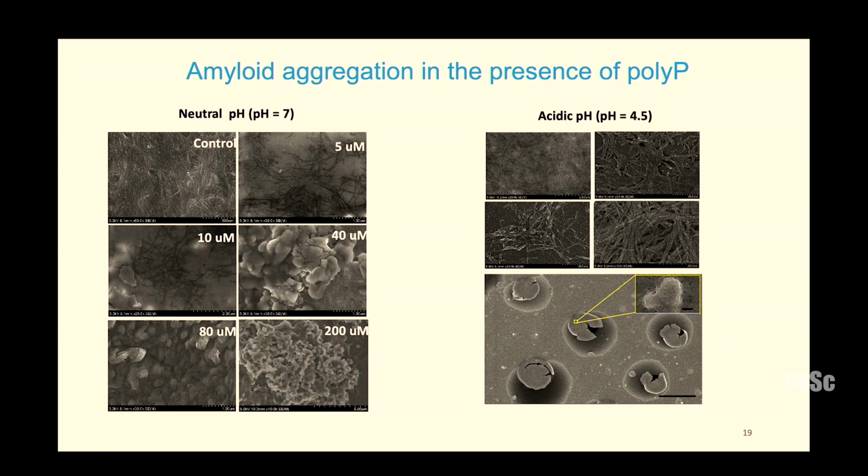On the other hand, when we look at this acidic pH leading to LLPS, if you dry the droplets and look inside, we do see fibrils inside those droplets. So what we are saying is there's a two-step process. In the acidic condition, when we treat with polyphosphate and protein, the first stage is to form the liquid droplet, and then within the droplet the protein concentration is enriched, and that leads to aggregation as it would in a bulk system.